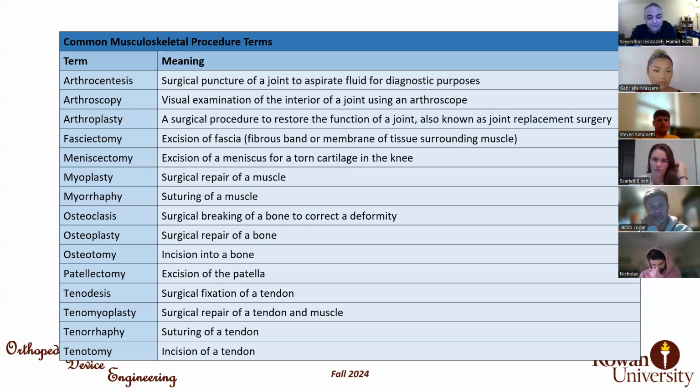Desis means fixing something to somewhere. For example, if you fix a rope by a nail to the wall, it is called desis. So tenodesis means fixing a tendon to the bone or to somewhere.